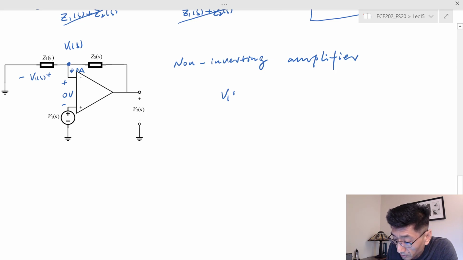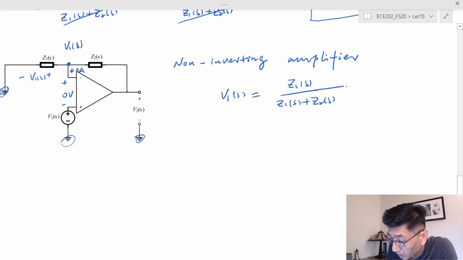So V1s is the voltage across this one, and the total across these two elements is V2s, right? Because the total here, this voltage with respect to the reference, all the reference nodes are the same. With respect to this reference node here it is V2, and with respect to this reference node here it is also V2. So in this case, V1s is just equal to Z1 over Z1 plus Z2 times V2s. This is based on the voltage division.